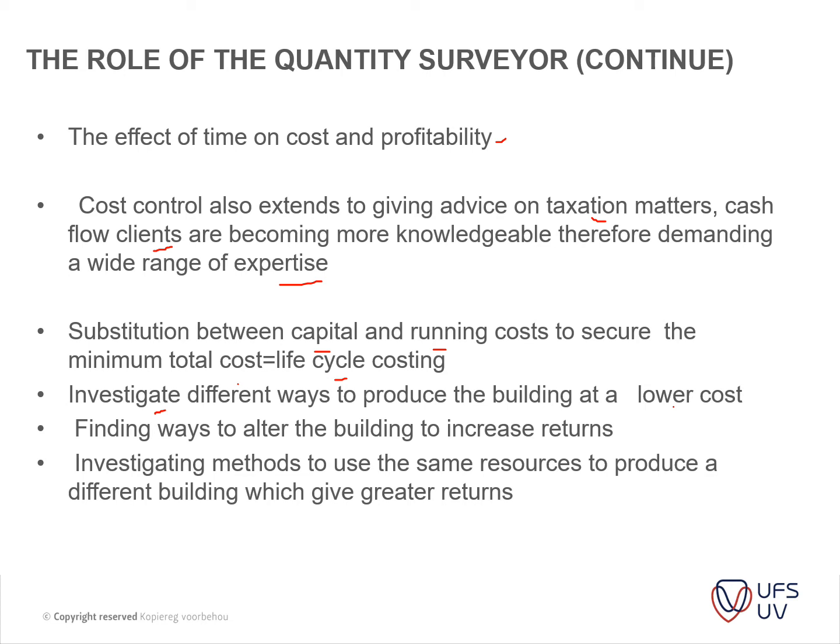So finding the ways to alter the building to increase the return on investment. Obviously, the client will have a timeline on when he will want to make a return on his investment. So you have to be able to investigate methods to use the same resources to produce a different building, which gives a greater return to the client.